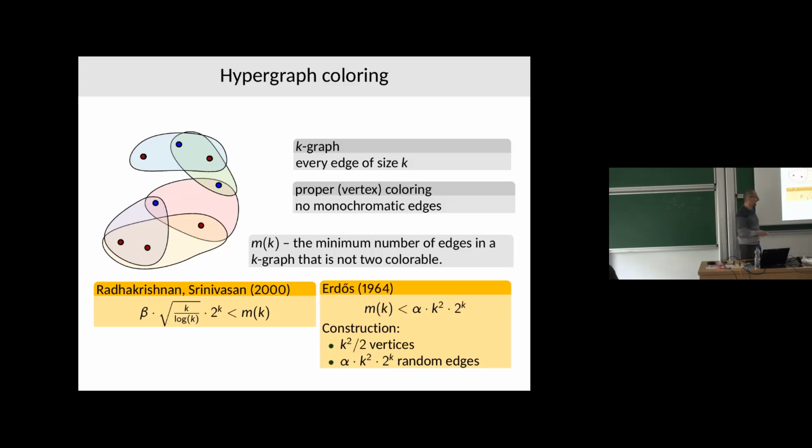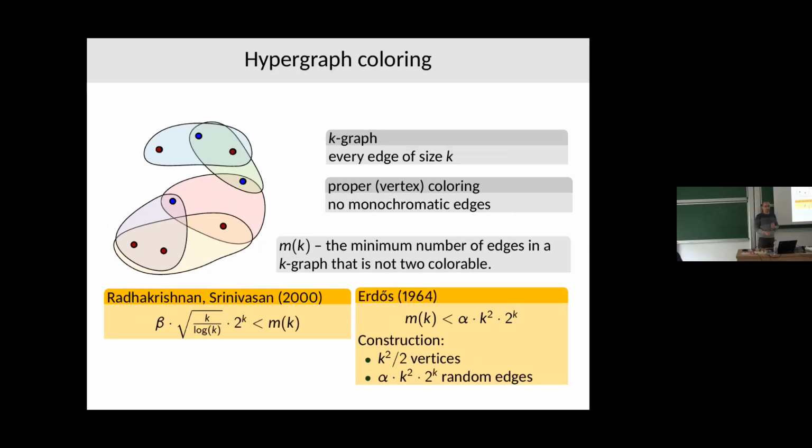Okay, when it comes to random hypergraphs, this proof is rather basic. There's just a little bit of technicalities in there. So you may think that it's not accurate. Okay, it's easy to show that at this point the hypergraph is not two-colorable, but maybe it stops being two-colorable slightly earlier. That's also not true.